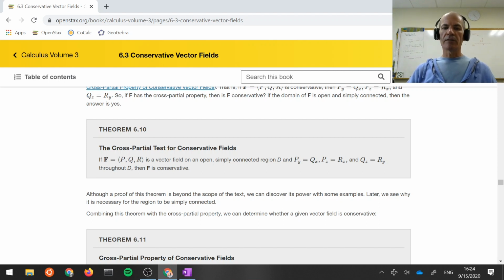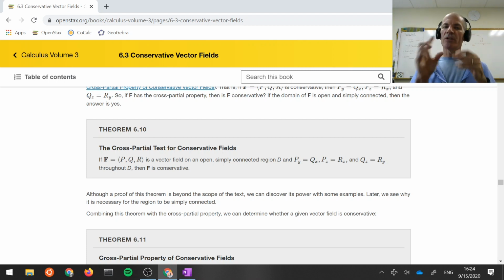We just go around and look at mixed partials. If P sub y is equal to Q sub x, secretly f sub xy is equal to f sub yx, Clairaut's theorem, and f sub zx equals f sub xz, and f sub yz equals f sub zy.